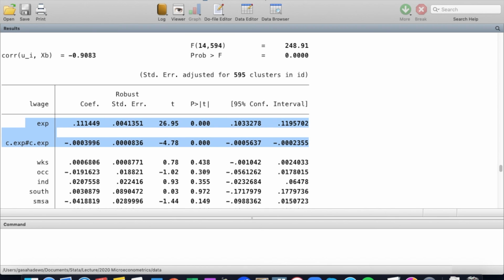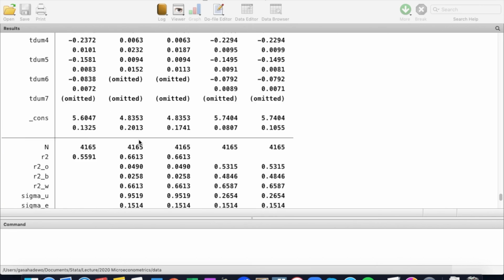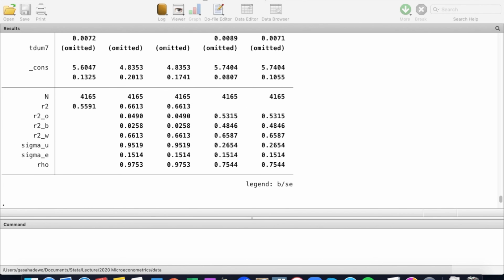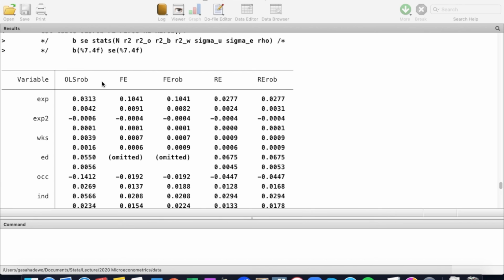Okay, so I'm just going to go through all the regressions and compare the different estimates. So we have an estimate from OLS, fixed effect robust, random effect, and random effect robust.